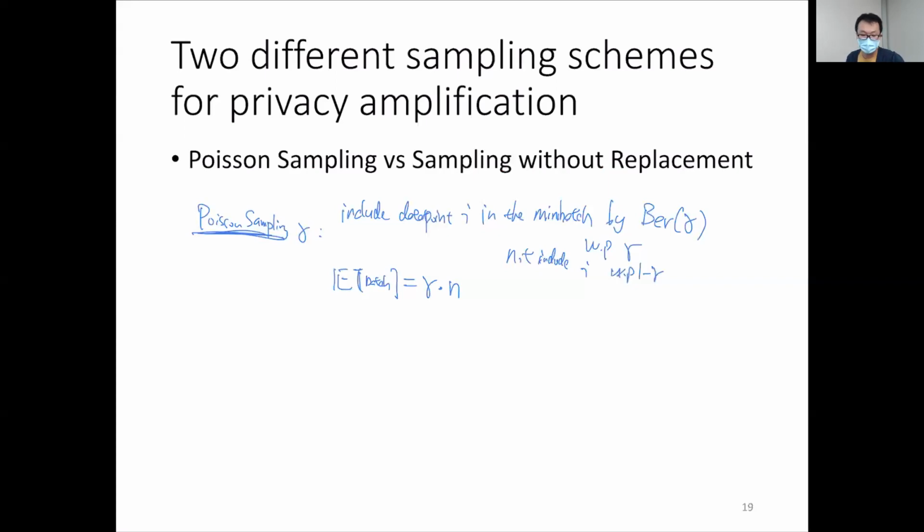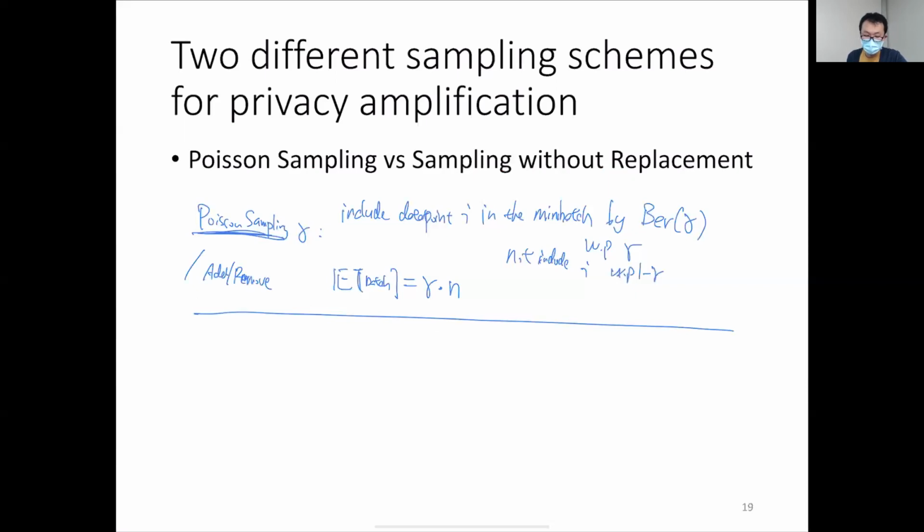Another thing that is nice about this is that in order to implement this algorithm, you do not actually need to know the parameter n, which is sensitive information. The size of the data set is also part of the information that we need to protect. So this works well with add or remove.